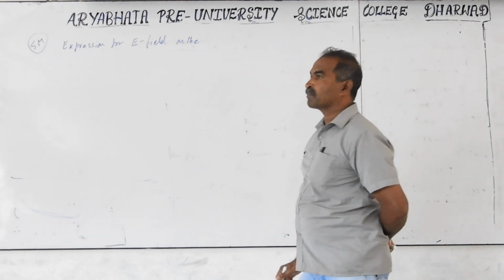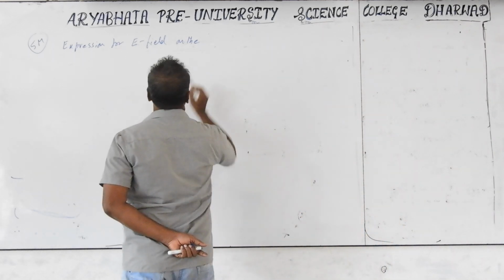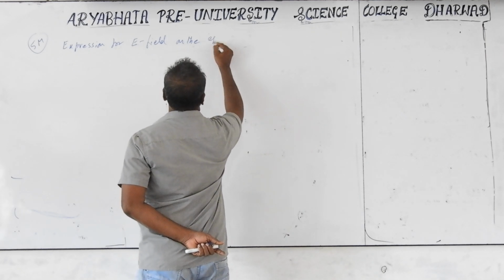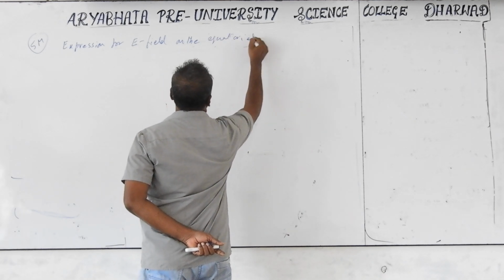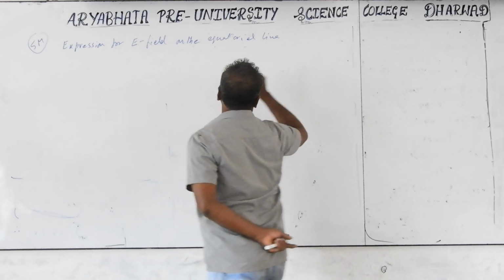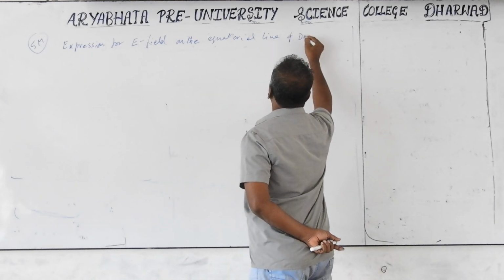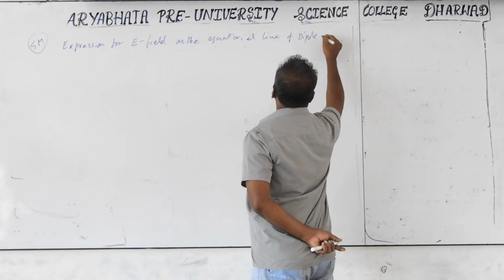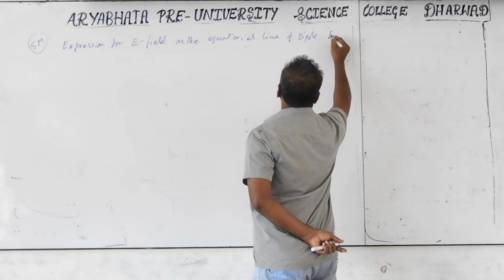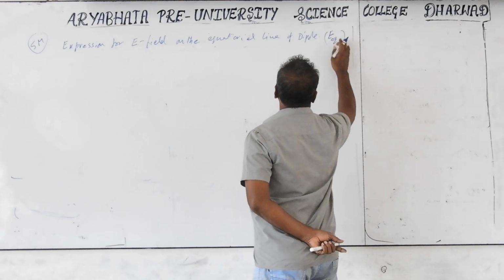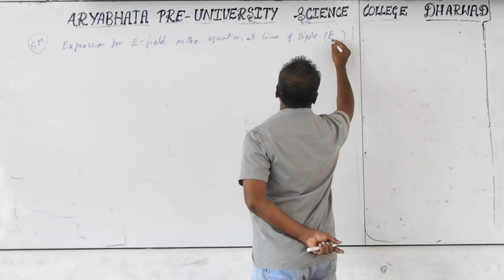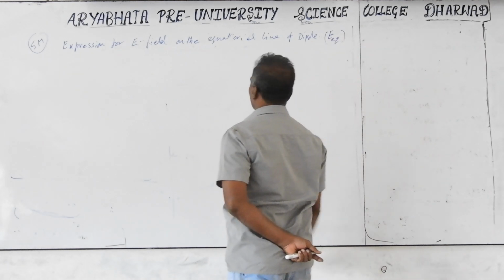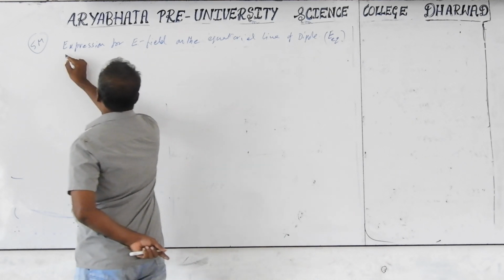It is also called the perpendicular bisector, one and the same place. We represent the symbol as E equatorial, or just E_EQ.